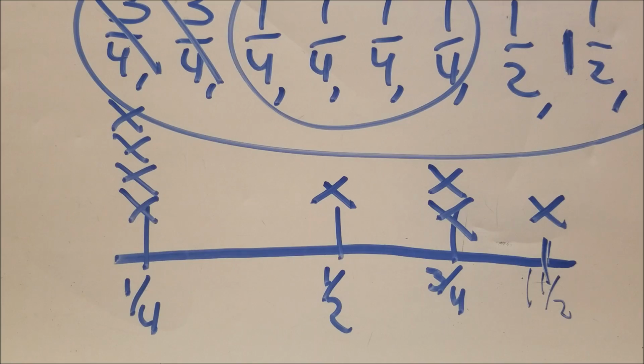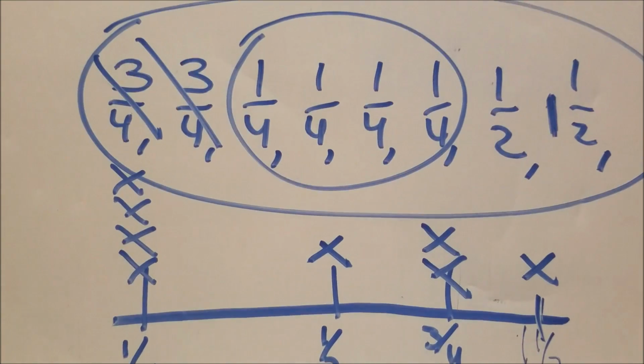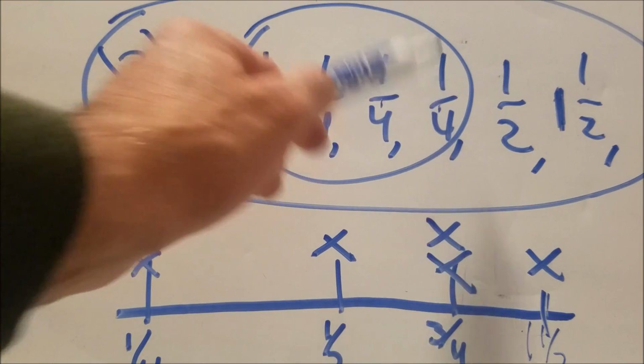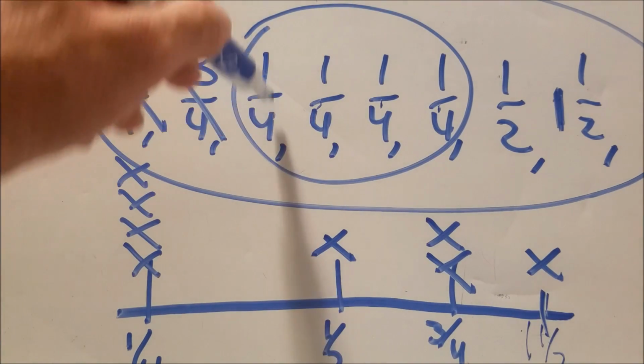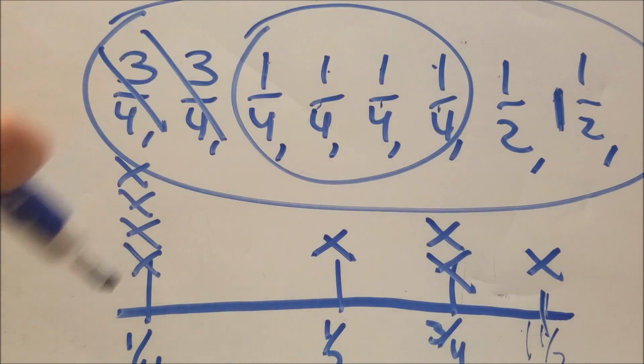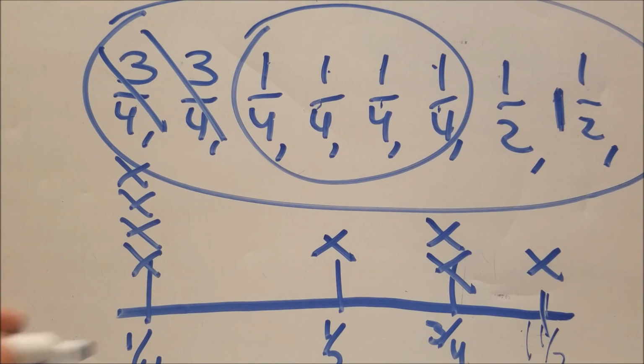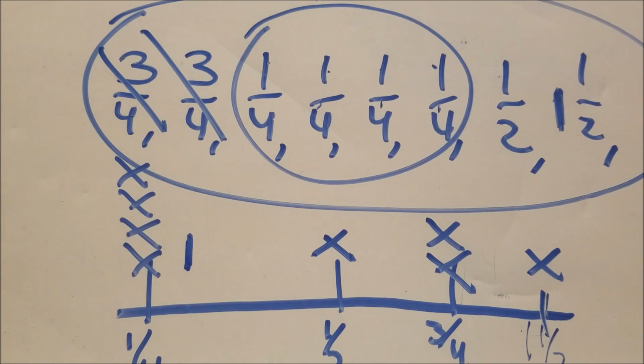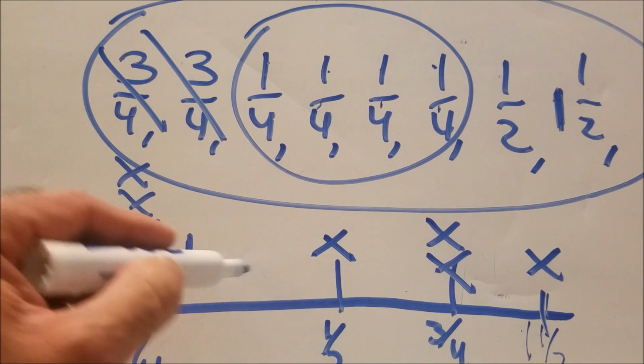So let's add this up. What's 1/4 plus 1/4 plus 1/4 plus 1/4? 1, 2, 3, 4, right? 4/4 is 1. So far, we just have 1. Put it over here for now. That's the sum of 1. Plus a half, right?